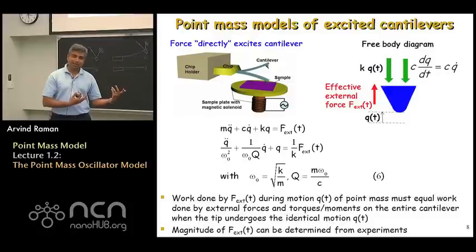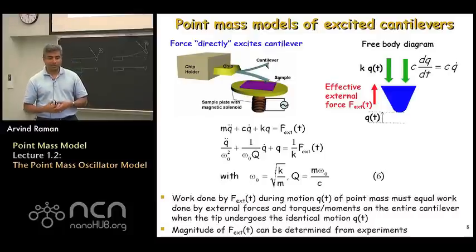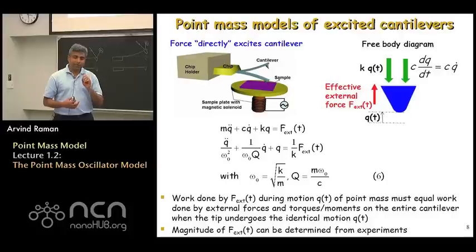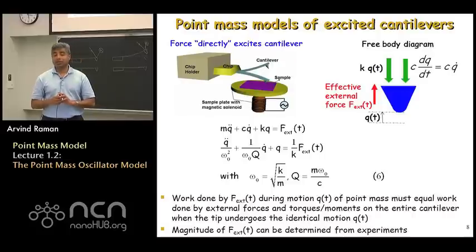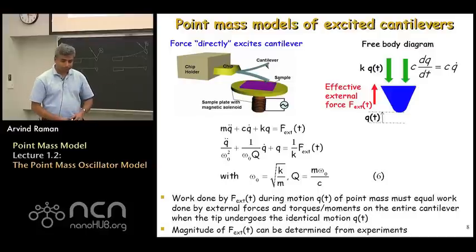This is an effective force, again, and to have the motion of this point mass oscillator be exactly the same as what you would get in the actual system, there is an equivalence principle here as well. That principle is simply that one has to choose a value for F effective such that in a given motion of the tip, the work done by the effective force be equal to the work done by the applied moments and torques in the actual probe as the tip of the actual probe goes through the same motion.